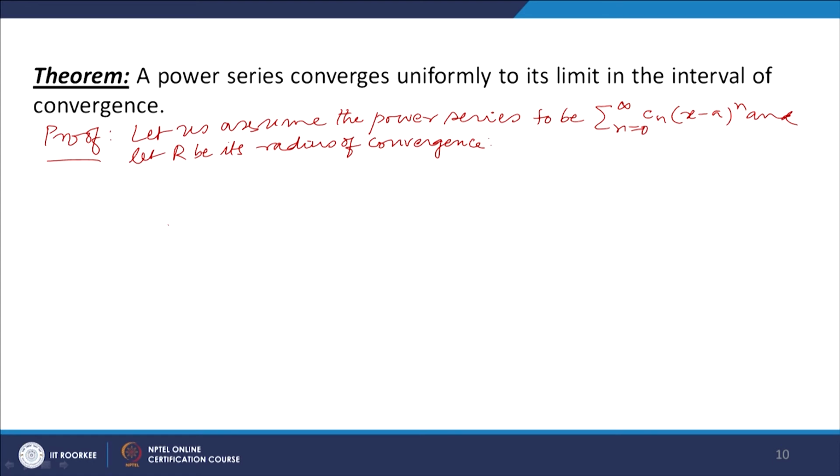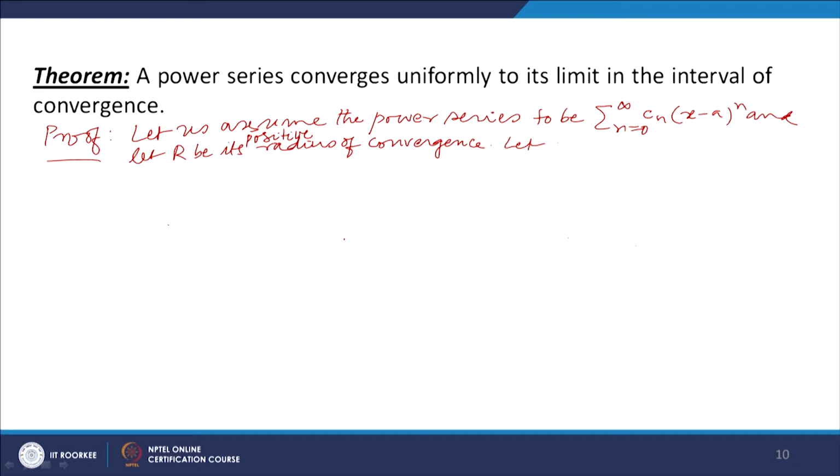Okay. We are taking the radius of convergence to be positive, because if R is equal to 0, then the series converges only at the center. So, the question of uniform convergence does not arise. So, let us take R to be a positive number. So, let R be its positive radius of convergence, that is, R is greater than 0.